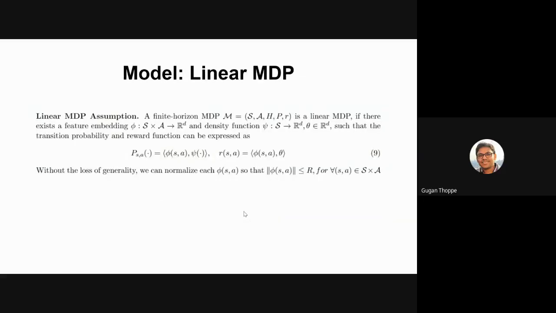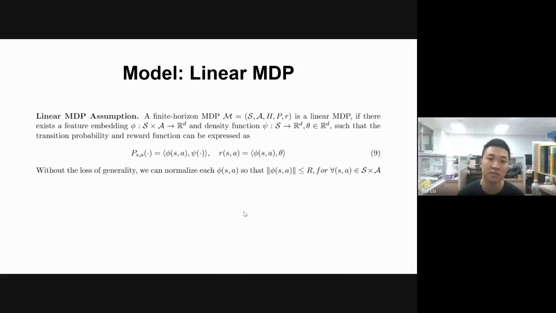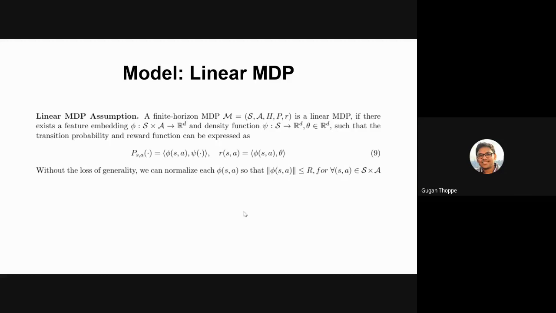So in some sense, what you're assuming is that this transition probability matrix and this reward function are linear combinations of the same feature vectors. Yes. Right. So can you somehow motivate why this assumption makes sense? Because the transition probability matrix and reward function are two different entities. So why they should lie in the same subspace is not clear to me.